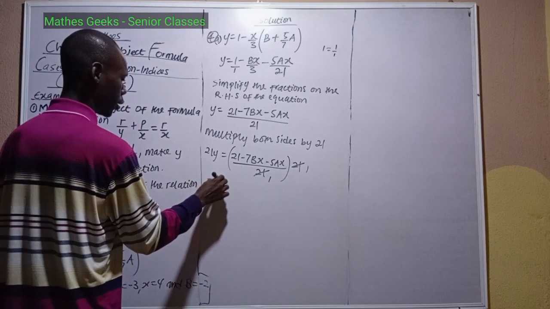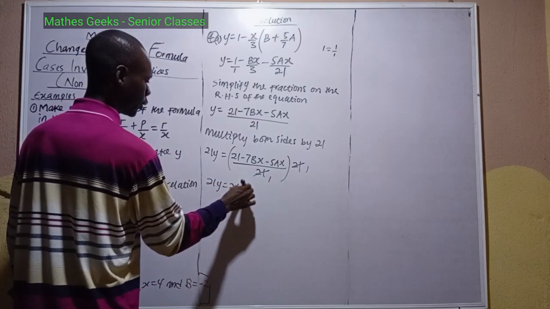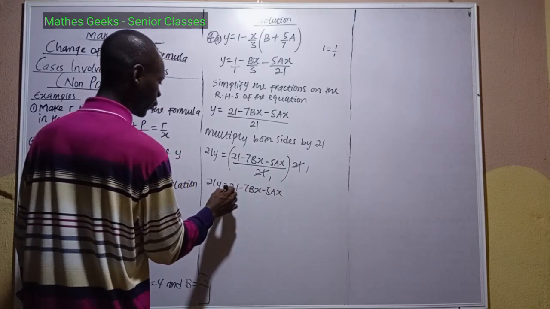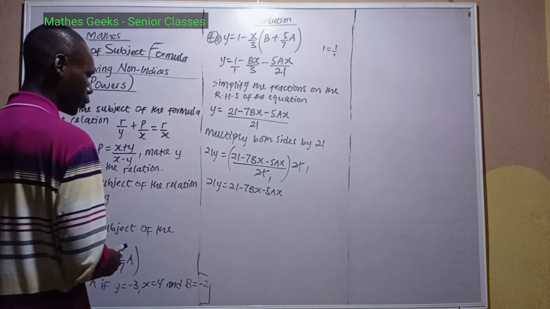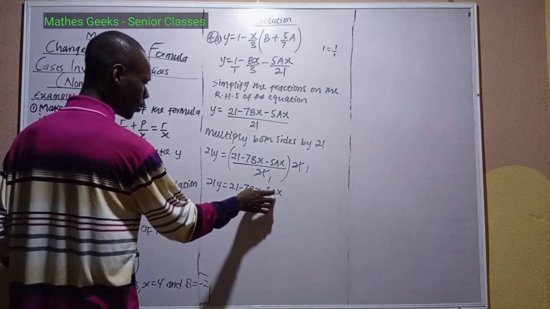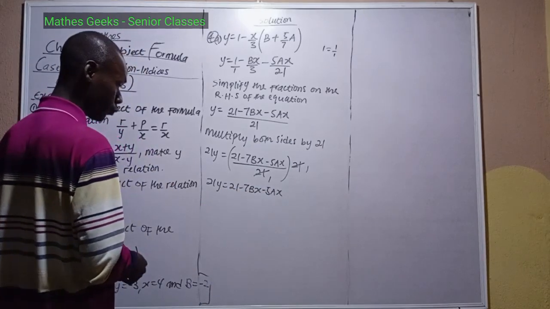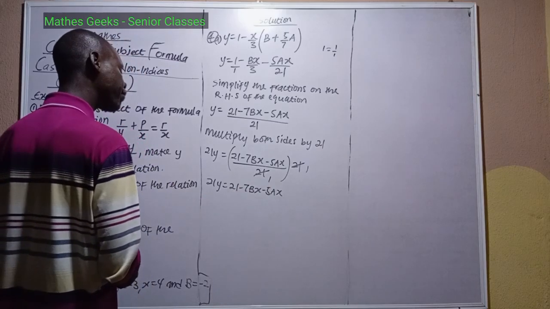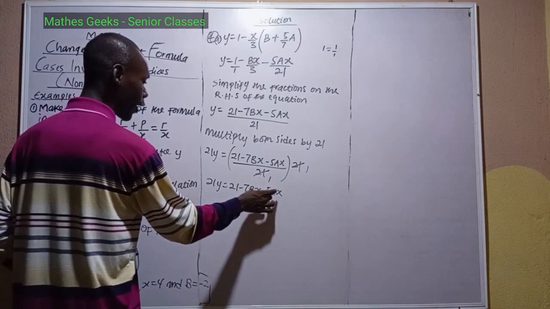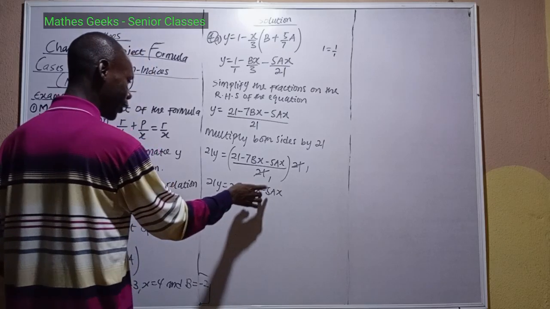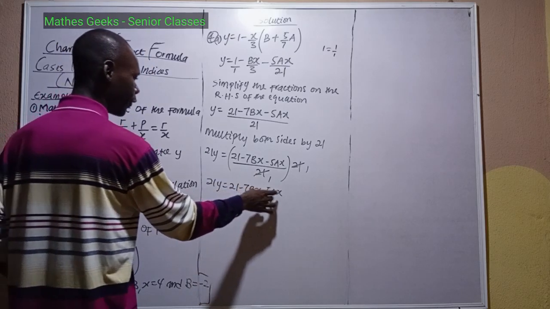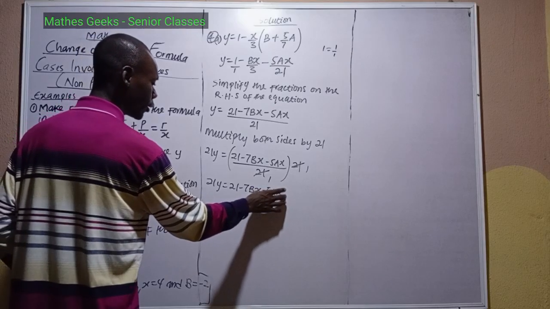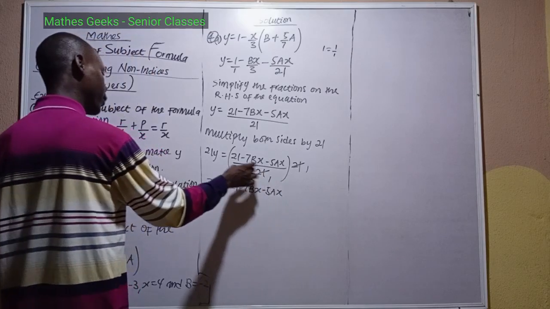So 21Y equals 21 minus 7BX minus 5AX. Okay, so next is to eliminate everything here so that 5AX can stand on its own. But since 5AX is negative here, we have to make it cross its sign.